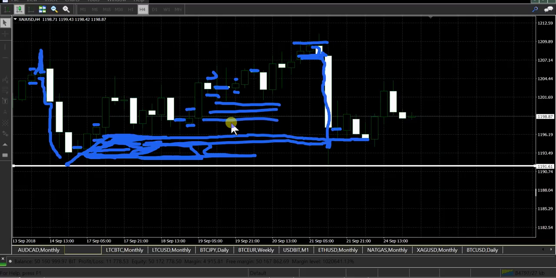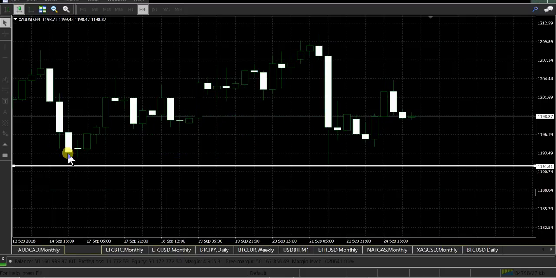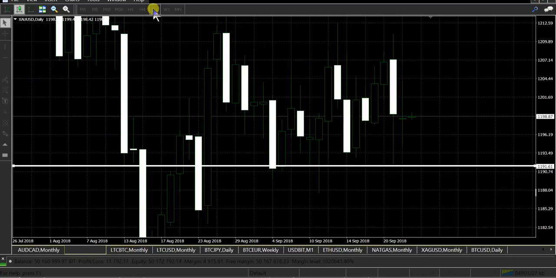But the deeper it goes, the closer together your orders are if they're the same size. And once you get beyond this, so if you go to the daily, keeping the scale fixed, you lose perspective here.